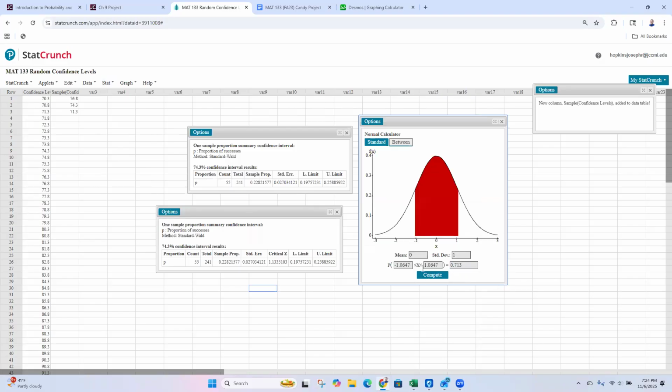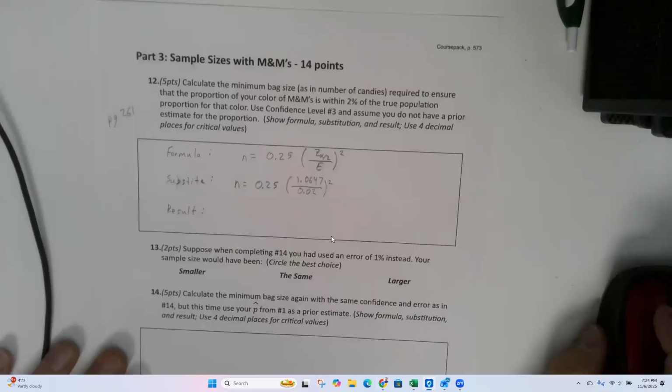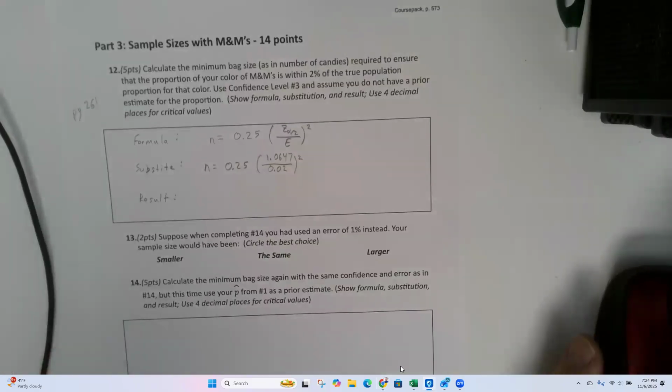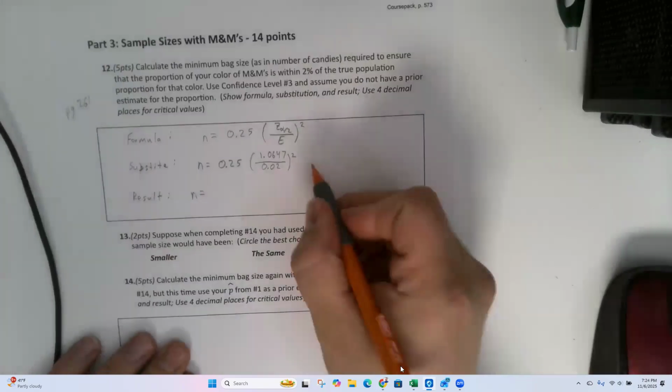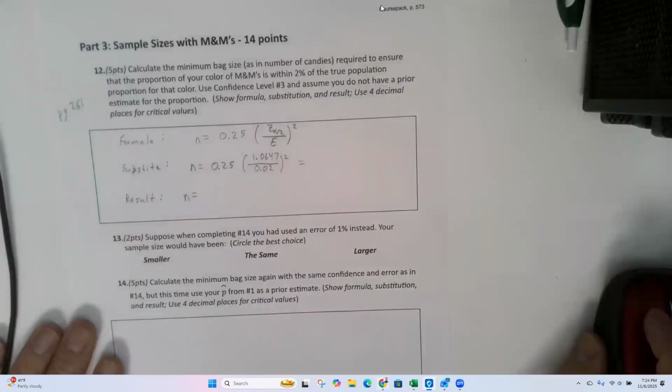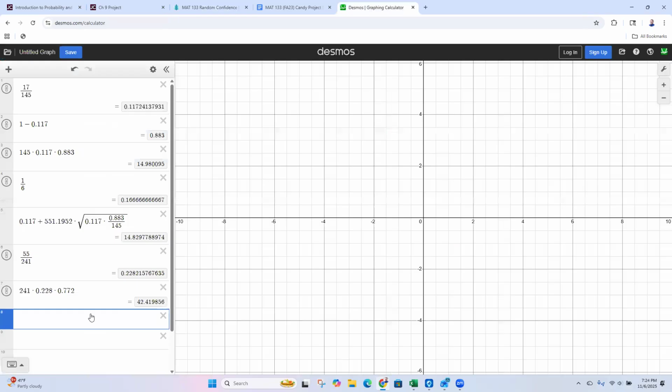My Z value is 1.0647. All right, so what's my result? n equals 0.25 times parenthesis.